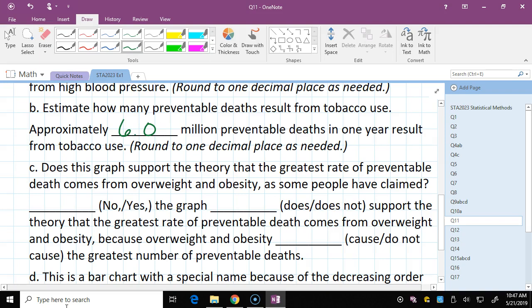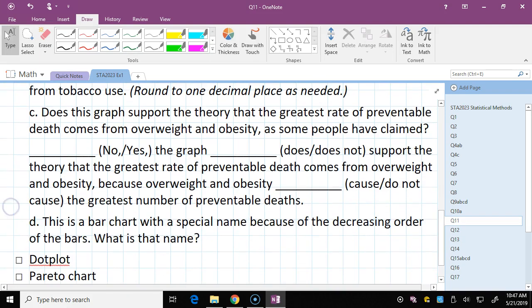So, the last question, well, not the last question, but C, again, this is a drop-down menu, so it's almost kind of like multiple choice. Does this graph support the theory that the greatest rate of preventable deaths comes from overweight and obesity?